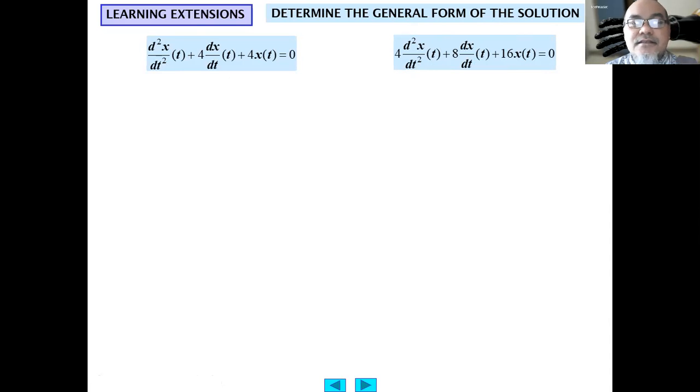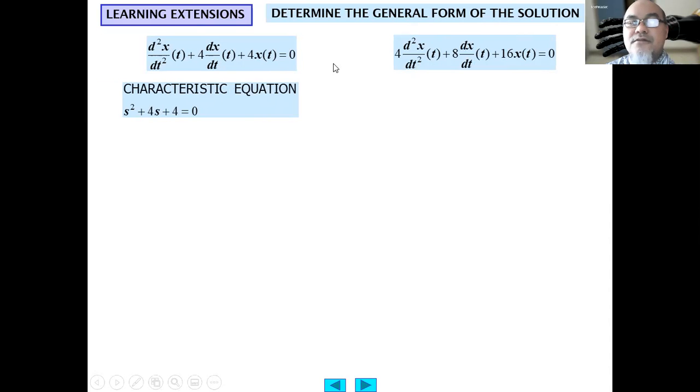d squared x/dt squared plus 4 dx/dt plus 4 x(t) equals 0. So the characteristic equation becomes s squared plus 4s plus 4 equals 0.